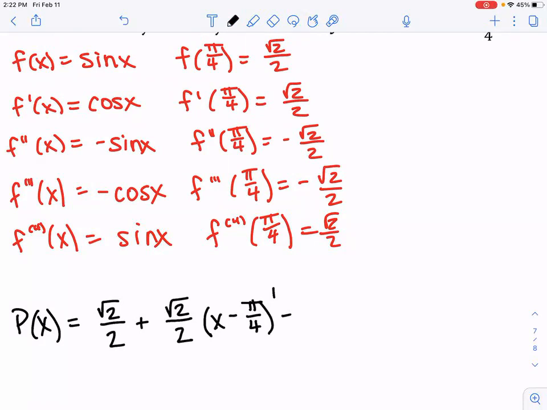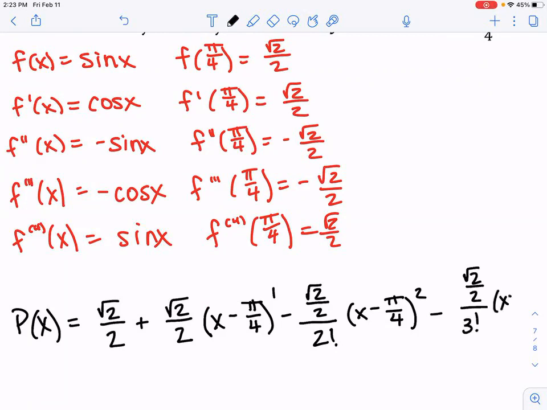Okay. Then we'll add the second derivative over 2 factorial times x minus a to the second. Should have written smaller. Then we'll add our third derivative over 3 factorial times x minus a to the third, etc., for as long as we need to.